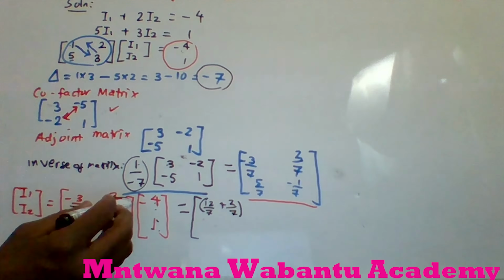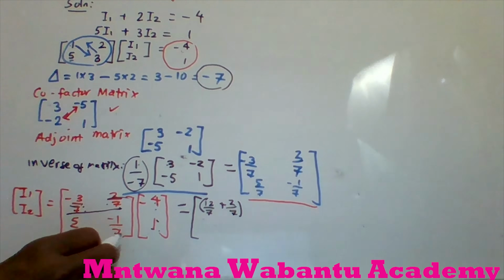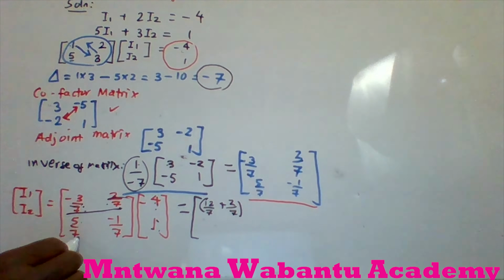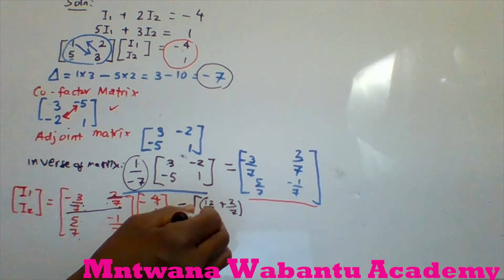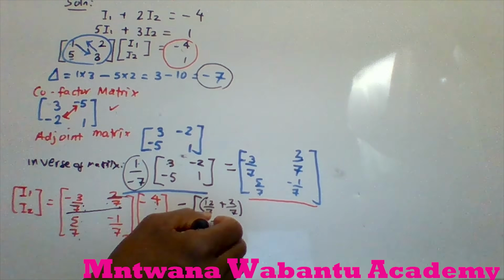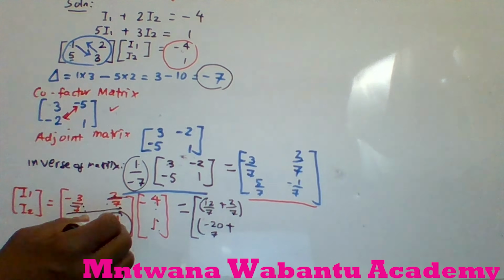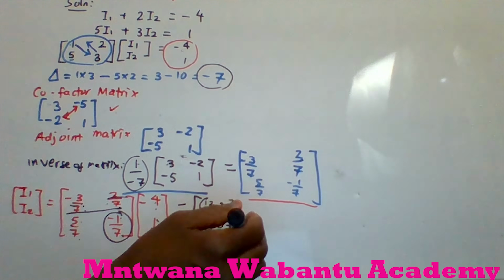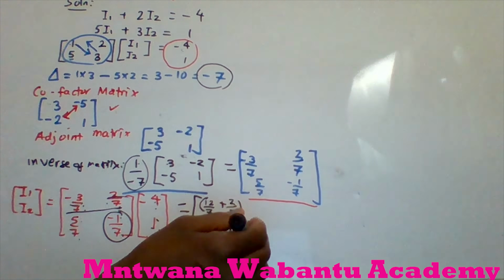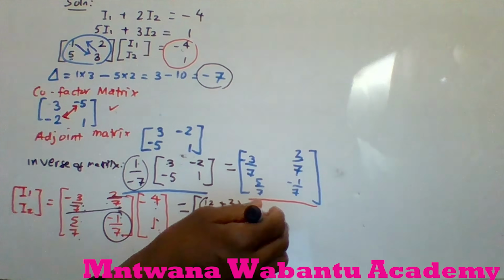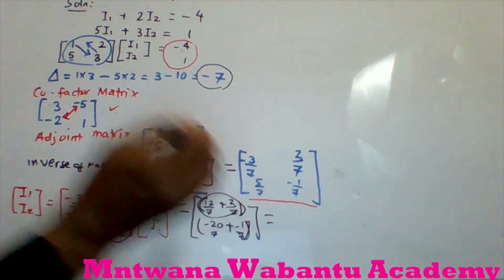So you finish the first row with the column. Now the second row with the column: 5 over 7 times -4 is -20 over 7, plus -1 over 7 times 1, -1 over 7. Then you add these and get the answers.